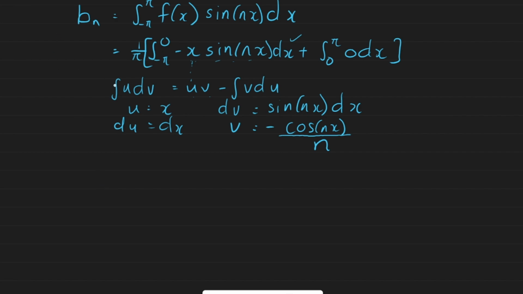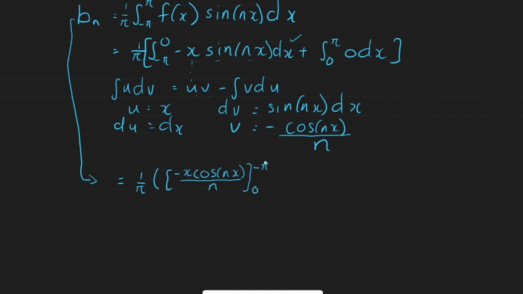We can now substitute all of these things inside our equation and determine bn. So we have 1 over pi, and then uv, where u is equal to x and v is equal to minus cos nx divided by n. So it's minus x cos nx divided by n, integrated from 0 to minus pi.